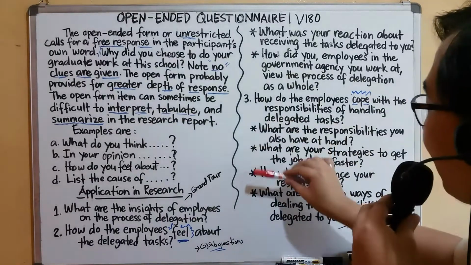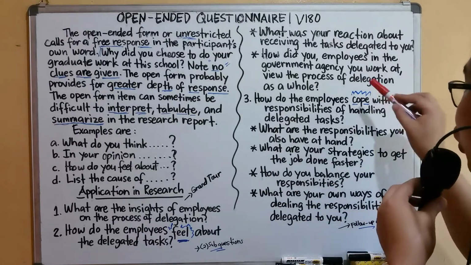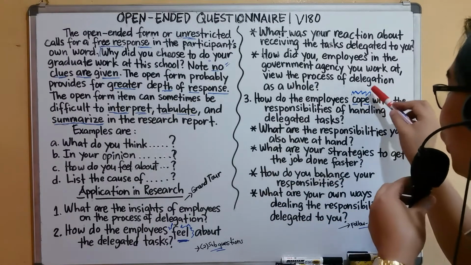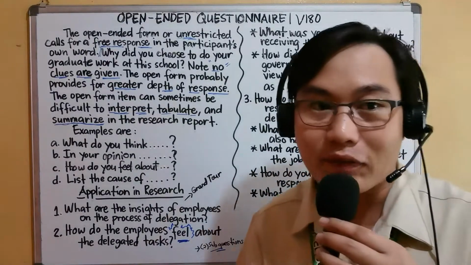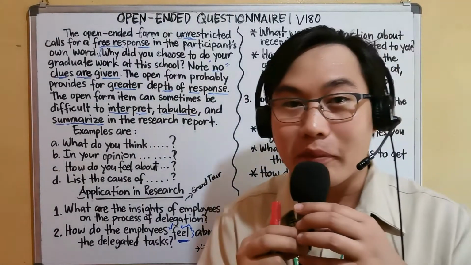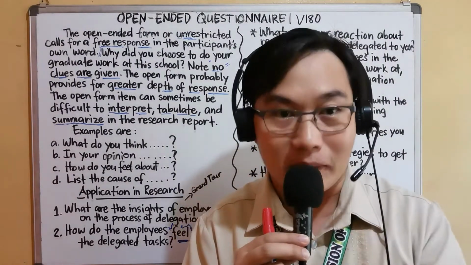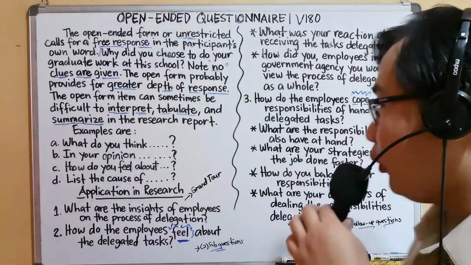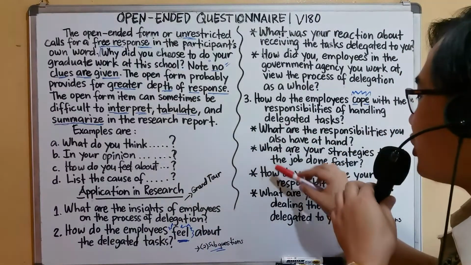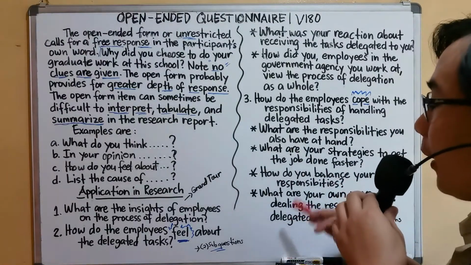So, itong apat na follow-up questions na to, naka-anchor lamang sa idea ng cope-up mechanisms, okay? Or papaano na-survive, okay, ng isang government employee talking about the delegated tasks to them. Papaano? Ano ang mga strategies and everything else? So, dito po yan mafo-fall sa follow-up question na ni-raise ng ating researcher. So, ganun po ang punto niya.